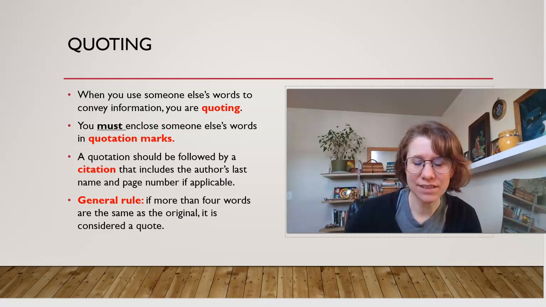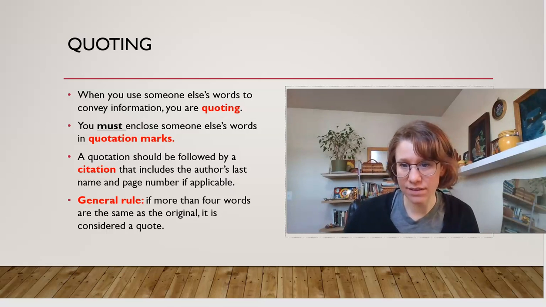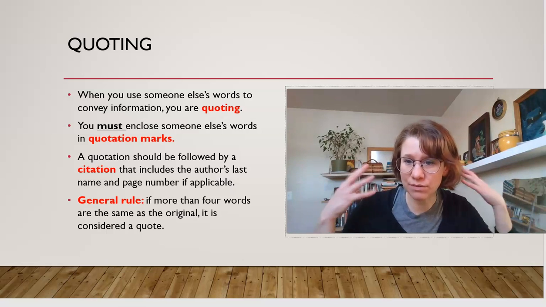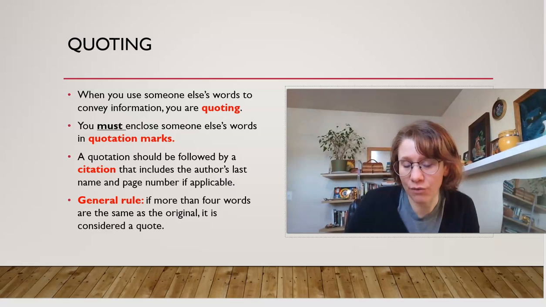So quoting is, again, an essential skill. You're going to have to learn how to do it in university. And it's a feature of every essay that you're going to write. So you want to make sure that you're including quotations because that's the evidence. You can't just make up evidence. It has to come from somewhere. And part of that evidence comes from our research sources.